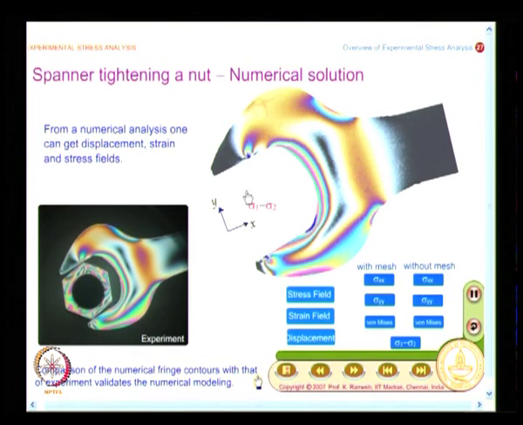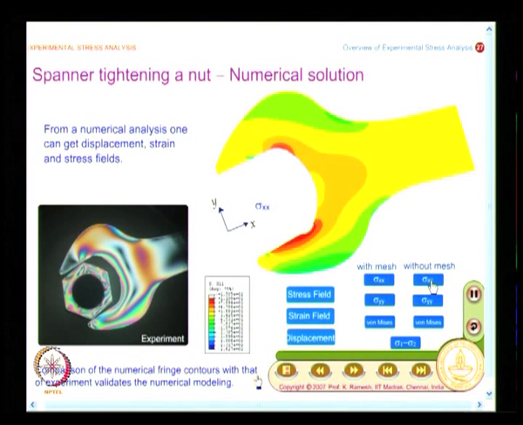When I do a numerical analysis, I can get the stress field, I can get the strain field, I can also get the displacements. And if you go to commercial packages, you would be able to plot specific contours. I have a sigma x contour and the software chooses its own colors and then gives you an indication that red means maximum and shade of blue goes to less value of the stress information.